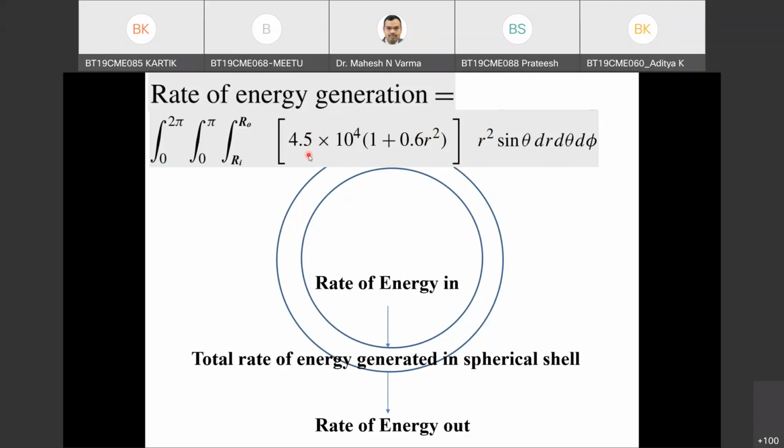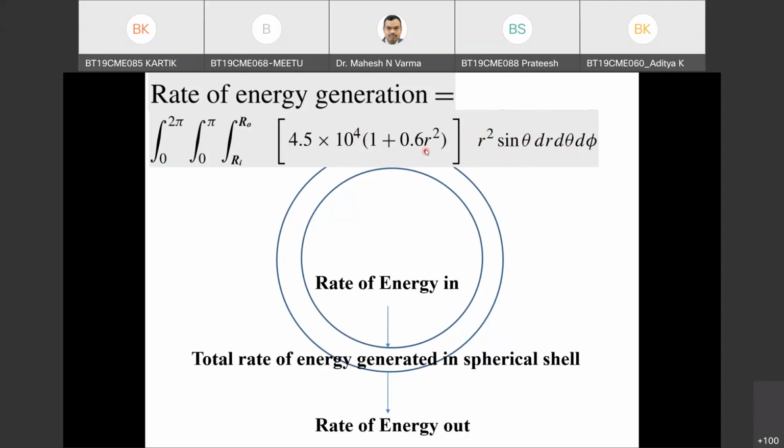This mathematics I will not go into in detail. This r square sine theta, theta will come with sine theta and r will come with dr. If you integrate this over volume, it will give you the volume of a spherical shell: r square sine theta dr d theta d phi.